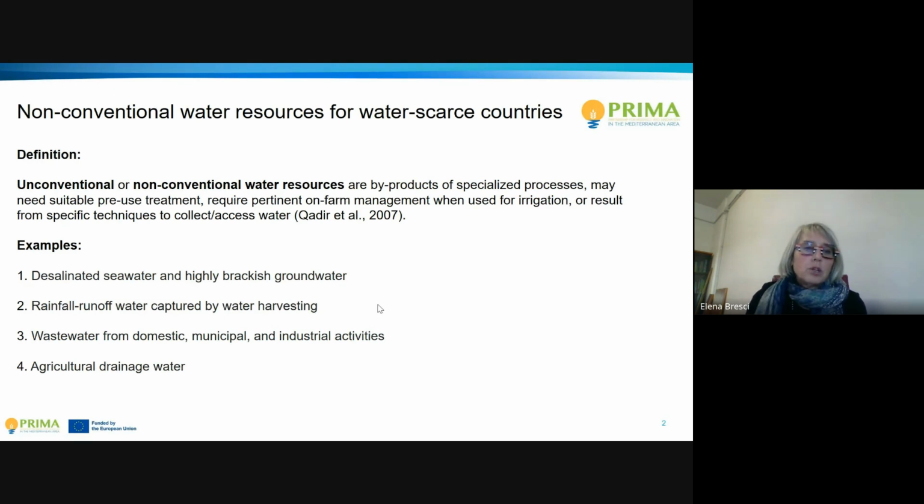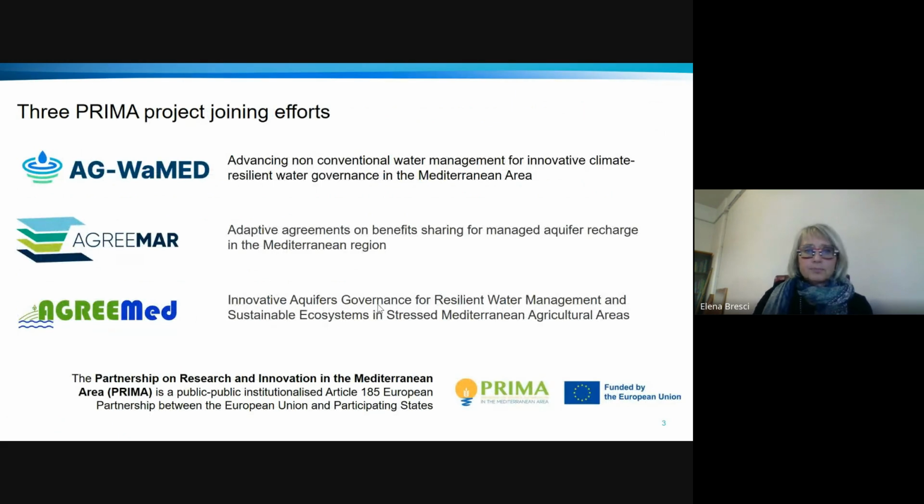So in particular, we are referring to techniques that are capturing rainfall or runoff by water harvesting. So some examples are desalination, seawater or brackish water, wastewater from domestic, municipal and industrial activities, or agricultural drainage water or water harvesting.